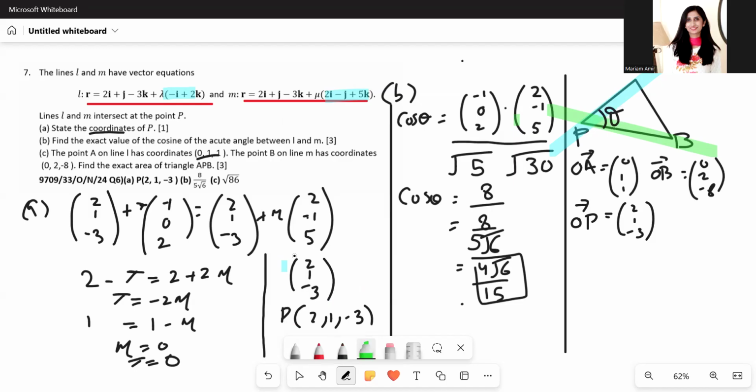So what we'll do first, we'll find this length by taking the magnitude of AP. Then we'll find this length by taking the magnitude of PB. And then we can use the formula half times a b sine C. And we'll need the sine of theta. Right now, from the last part, we have cos of theta. So let's get started. First of all, I need AP.